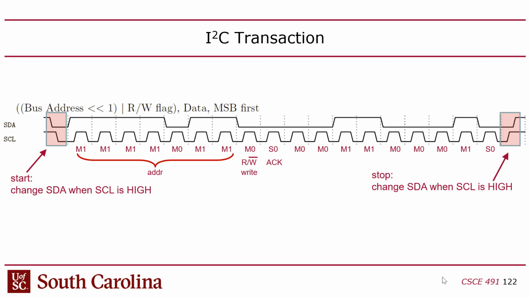Keep in mind that with UART, the start and stop bits were actual bits, values during a bit timing slot. Whereas with I2C, it's not really a bit so much as a violation of the rule that you shouldn't change the data when the clock is high. Okay?